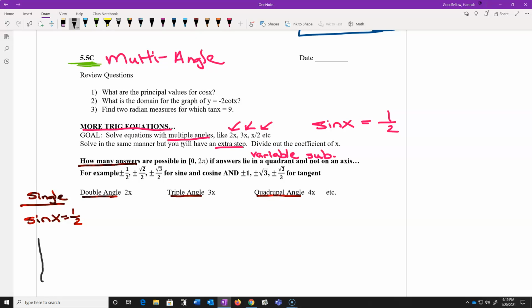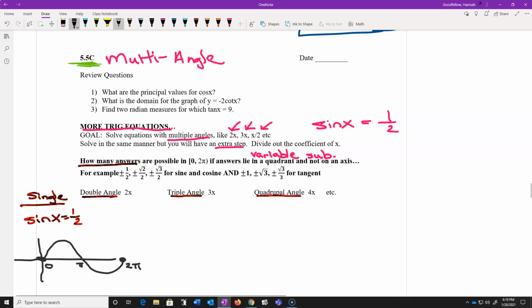Let's take a small second to graph the sine of x, and we would realize that the sine of x would start here at 0, 0, and it would go up, and it would come back down, and it would come back up. And this is what it would do in a complete cycle between 0 and 2 pi. And we get an answer for pi right here somewhere in the middle.